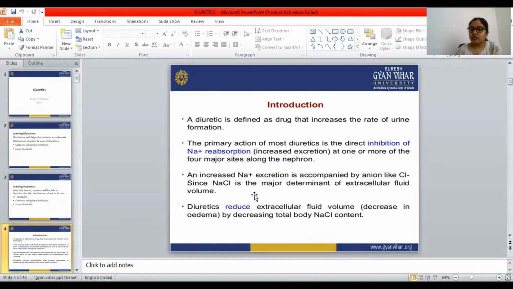When sodium excretion increases, accompanied by Cl, the NaCl content is reduced in the body with the help of the diuretics, and urine formation is increased.